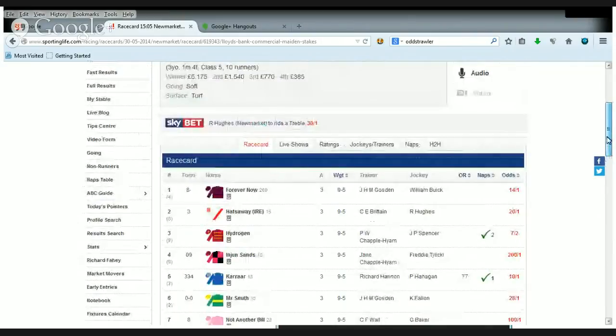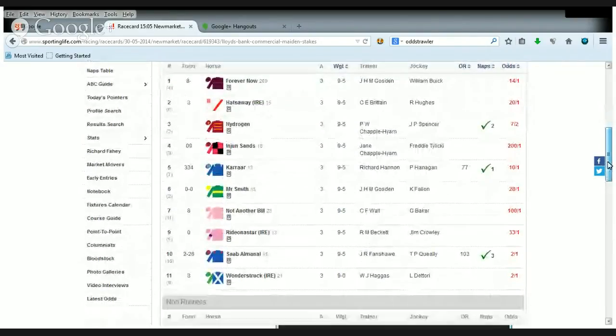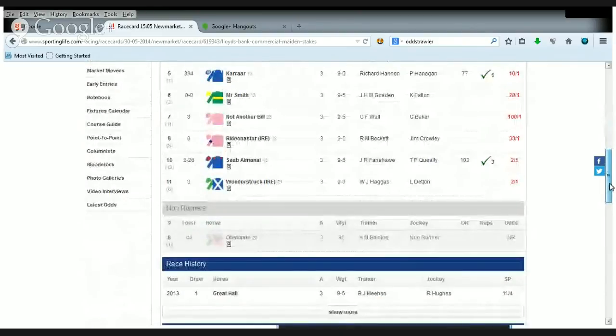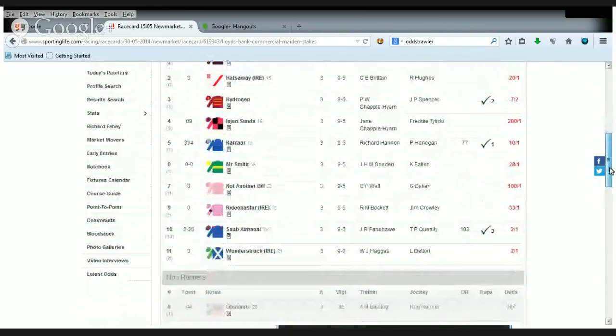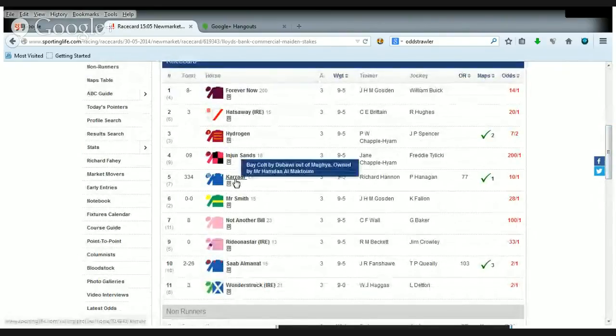What am I going to go for? Yeah, I'm going against the favourites here. I'm going to go for this one here, Carrara. And because of Richard Hughes, I'm going to go with Hatter's Way.